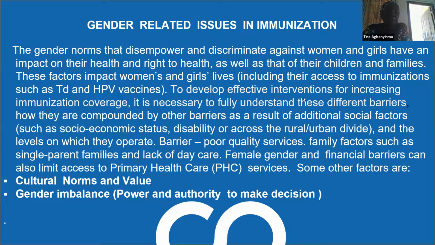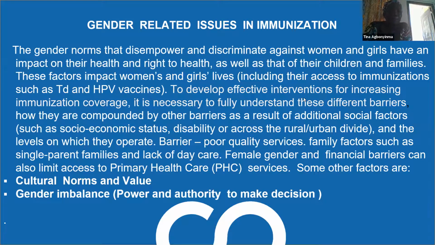Barriers: poor quality services, family factors such as single-parent families and lack of daycare, female gender, and financial barriers also limit access to primary healthcare services. Some other factors are cultural norms and values, gender imbalance, and poor power and authority to make decisions.